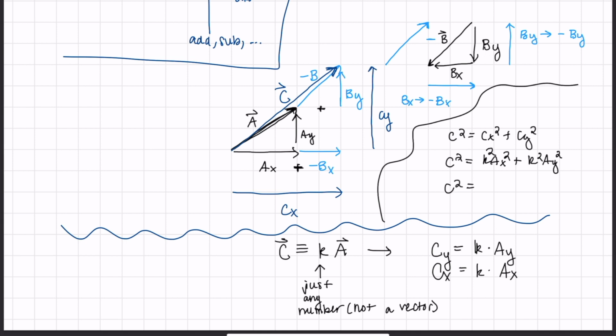You could pull out a K squared times AX squared plus AY squared, and if you take the square root of that, that is the same thing as the magnitude of A. And the squared is supposed to go away. So that constant will scale the magnitude the same way that it scales the component, so it just multiplies.